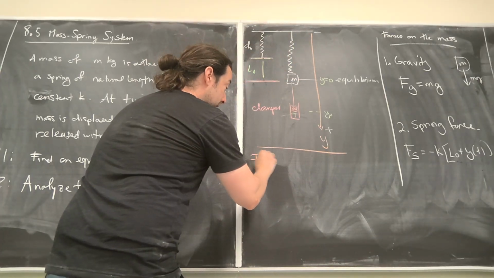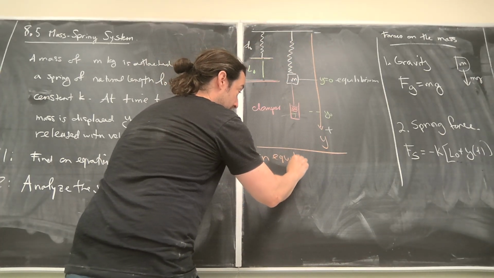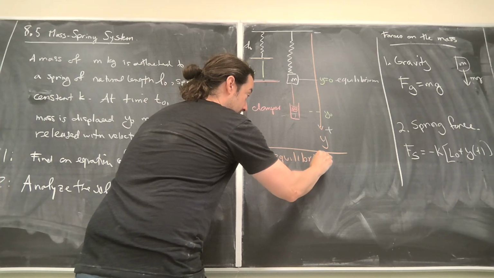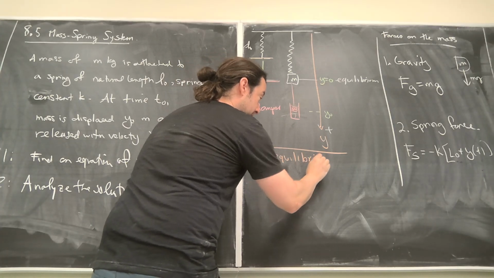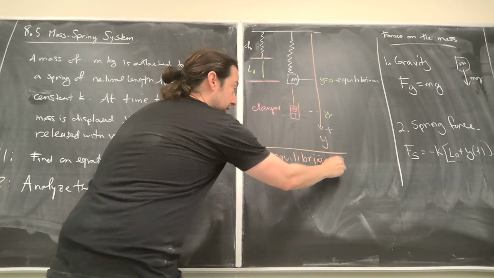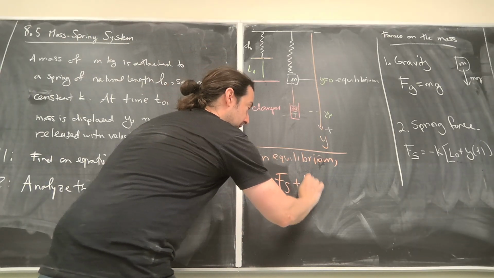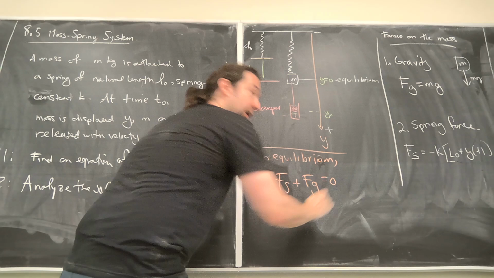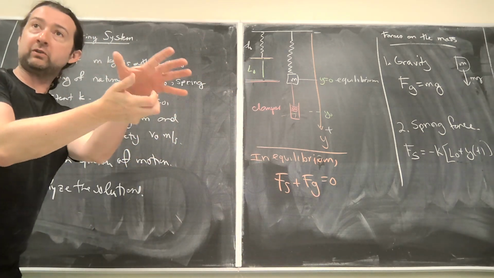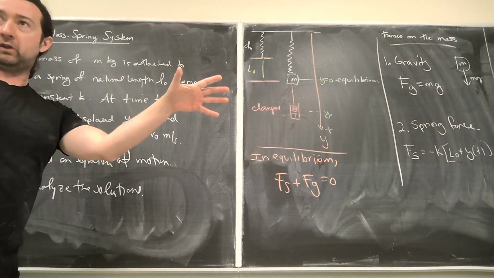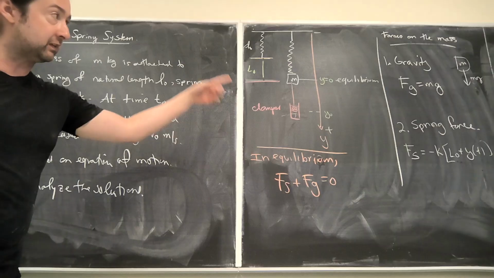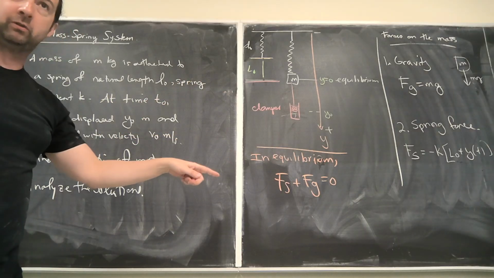So in equilibrium, it must be the case that the gravitational force and the spring force add up to 0, right? If there's nothing moving, then the first law would say no moving, no force. The forces must balance completely. If that's in equilibrium, not moving, that must be true.